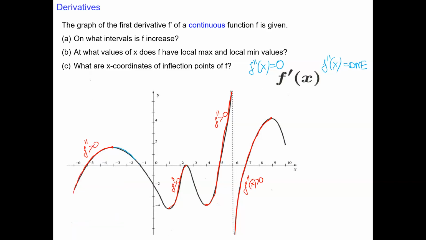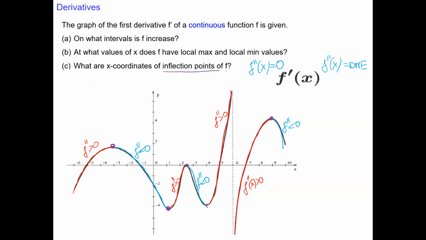Now, where this is decreasing, its derivative, which is the second derivative, is negative. Second derivative negative, second derivative negative. So now we can see the second derivative is changing sign here, here, here, and here. Those are the potential inflection points.